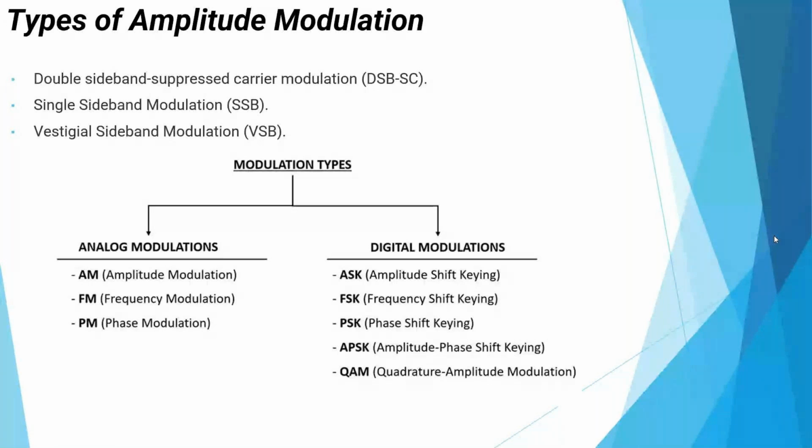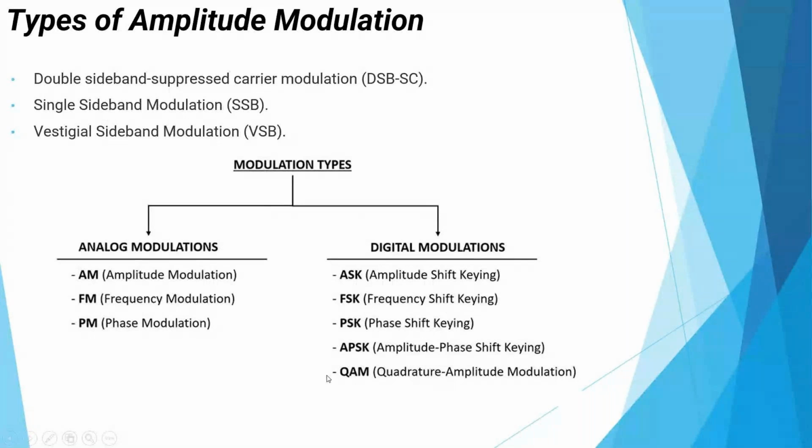Some types of amplitude modulation are double sideband suppressed carrier modulation, single sideband modulation, and vestigial sideband modulation. There are also different types of modulation: analog modulation and digital modulation.